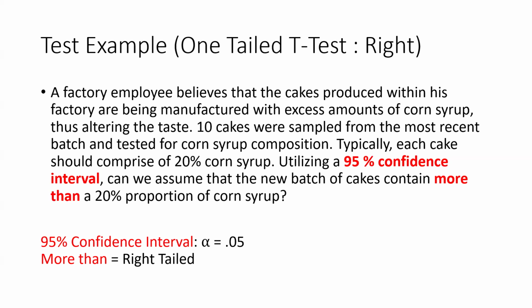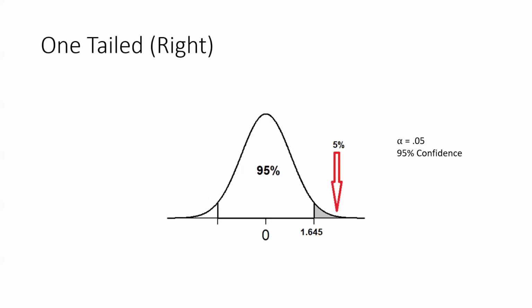So our corresponding alpha value in this case is going to be 0.05. More than or greater than indicates a one-tailed test to the right. So if we were to draw this out generally, it would resemble this illustration here.